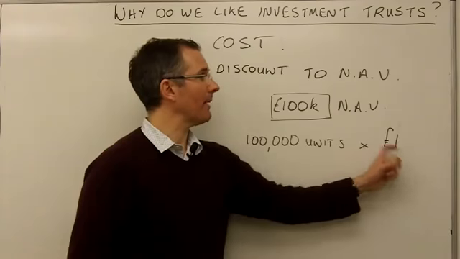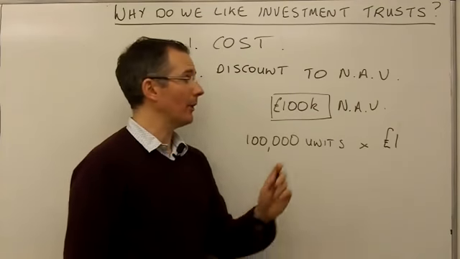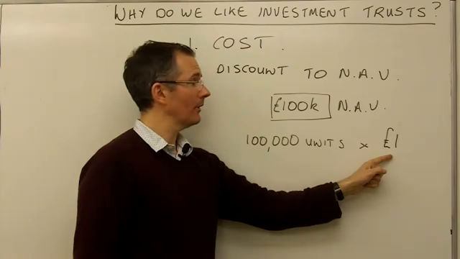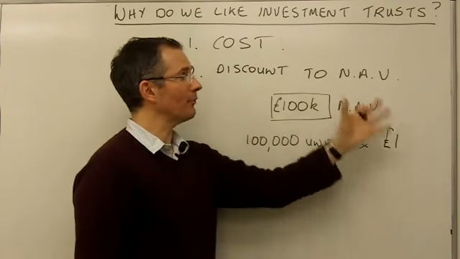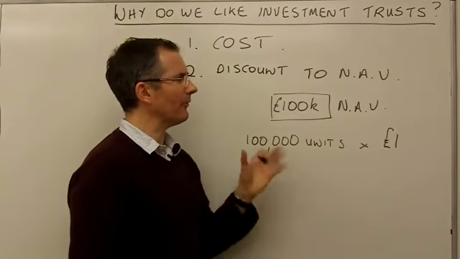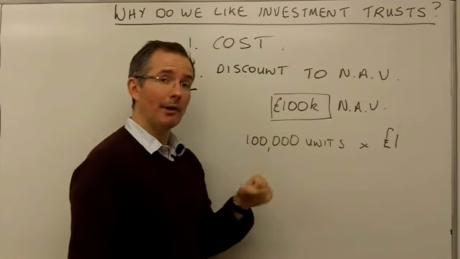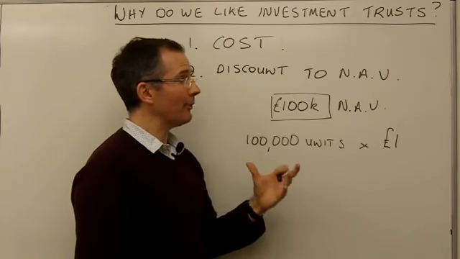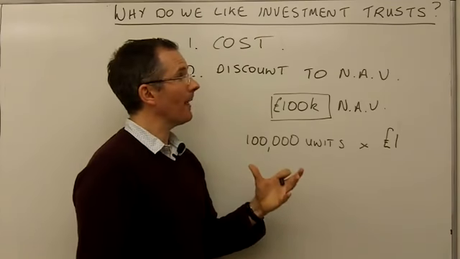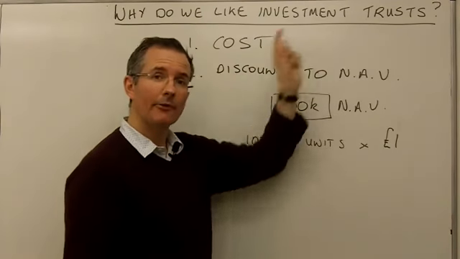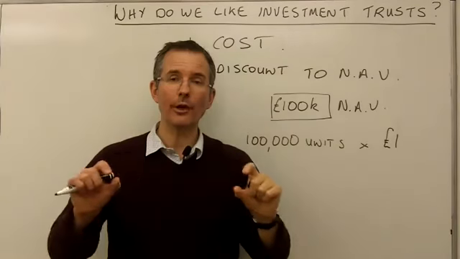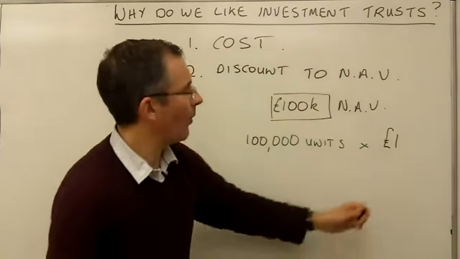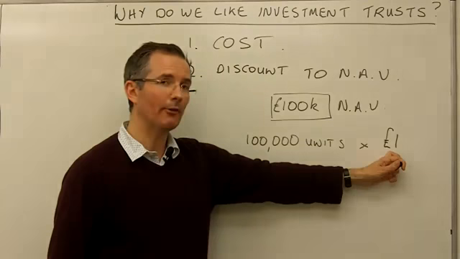So 100,000 times a pound is 100,000. In other words, this valuation is directly driving that unit price. And that's a feature of unit trusts, which means you don't have the opportunity to buy them at a discount to net asset value. But what does that mean? Well, with investment trusts, here's the point. They are actually companies, and as companies they have publicly quoted and traded share prices. And that means that that £1 is by no means automatic.